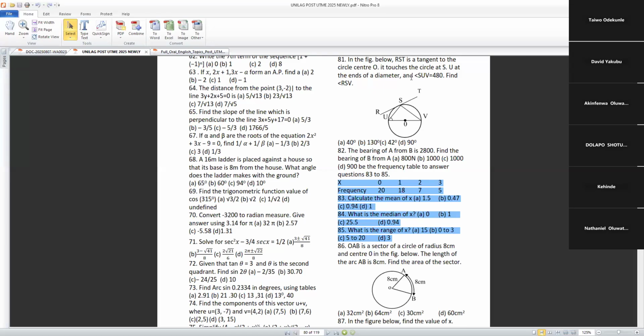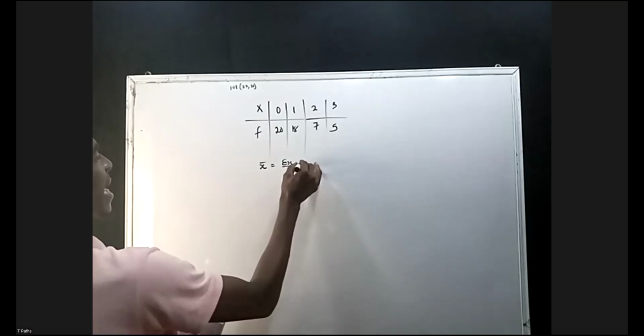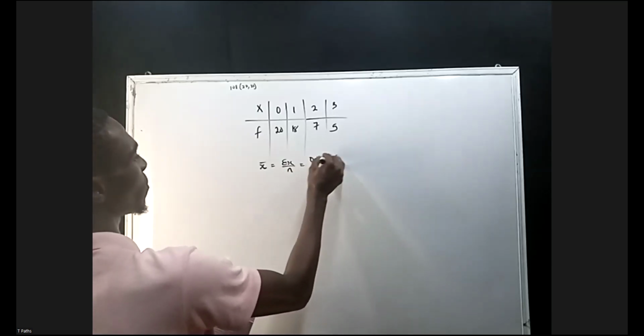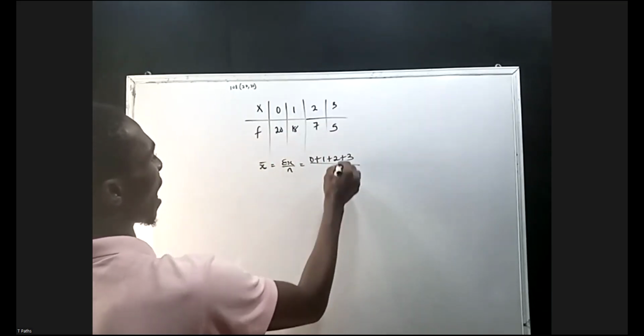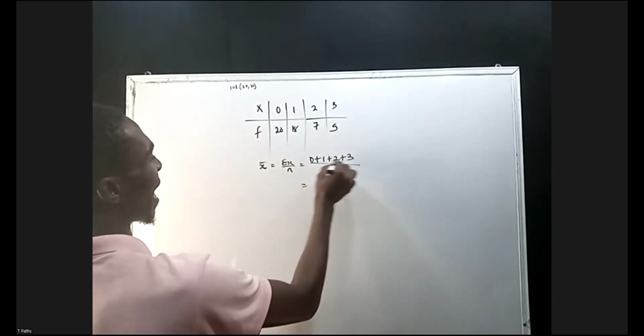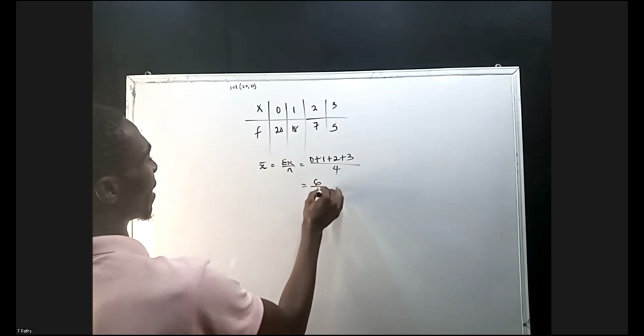So it is simple. Let's find the mean of X. The mean says summation of X divided by N. So summation 0 plus 1 plus 2 plus 3 divided by how many do we have? 4. So we add all this together, 6 divided by 4.